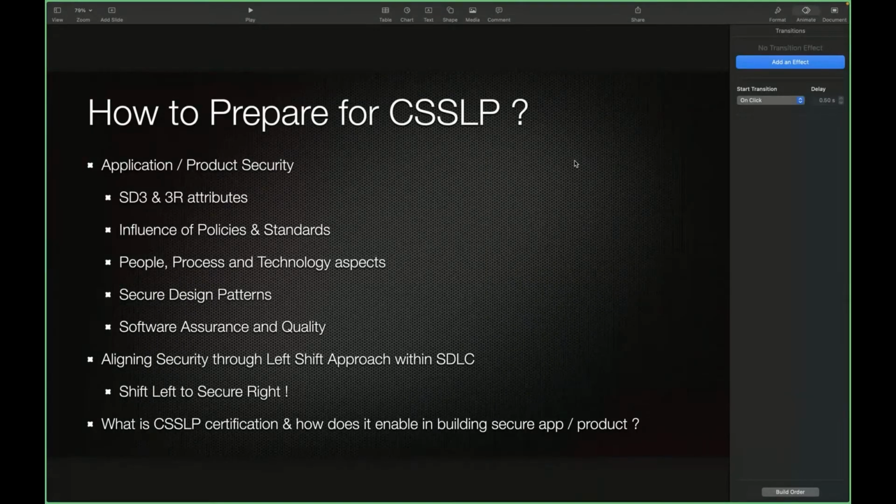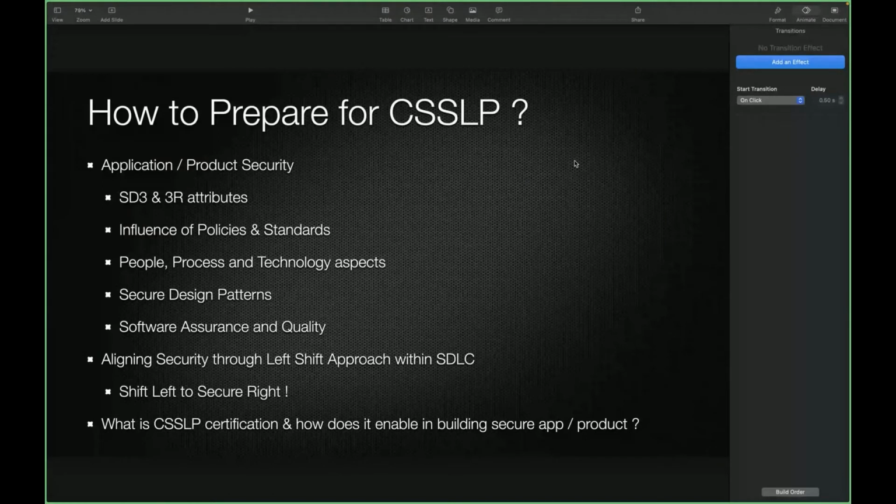So talking about the SD3 and 3R attributes, let me cover them individually one by one. When I say SD3, it is all about, in order to solve any business problem, the application or the product must factor in the process or framework for these aspects of SD3.